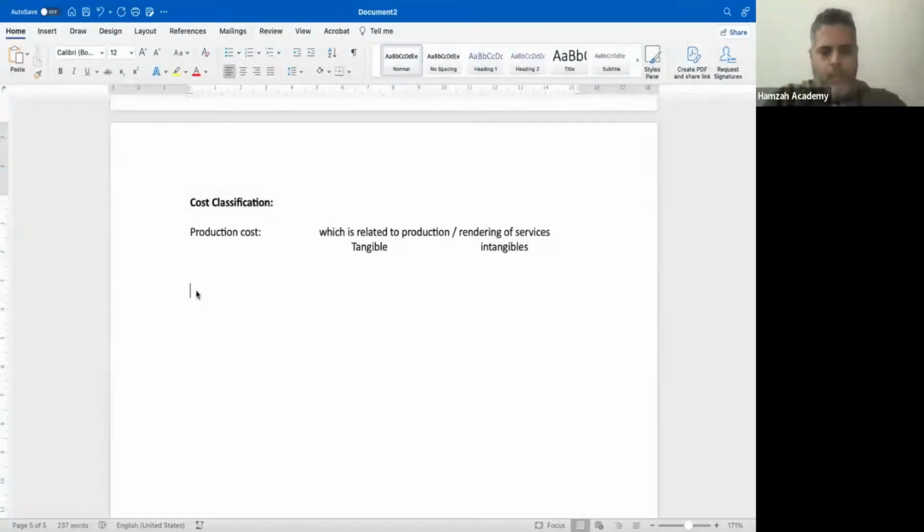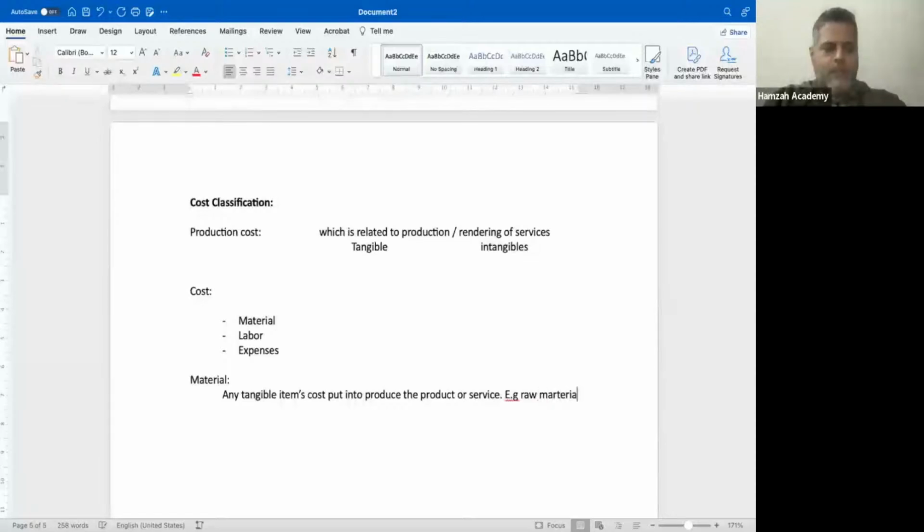Now, if you talk about the components of the cost in management accounting, they are mainly material, labor, and then we have the expenses. As far as the material is concerned, that is any tangible item cost put in to produce the product or service, for example, raw material.